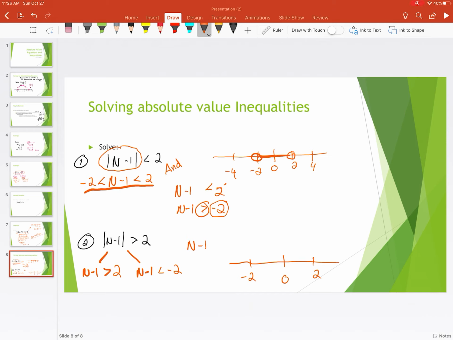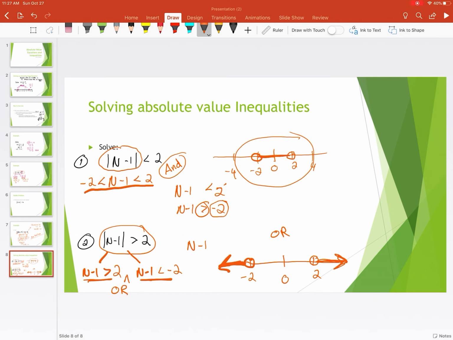Again, we have negative 2, and we have 2, but in this case, n minus 1 is greater than 2, and n minus 1 is less than negative 2. So these graphs don't overlap. This is called an OR inequality. So either of these cases can be true and satisfy this inequality, but they both can't be true at the same time. Whereas up here with our AND inequality, they can both be true at the same time.